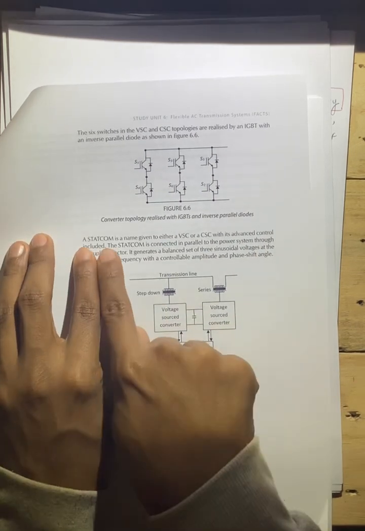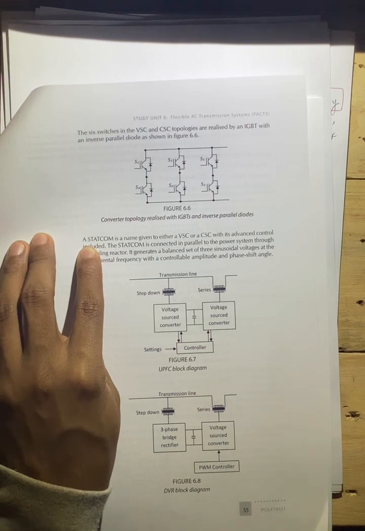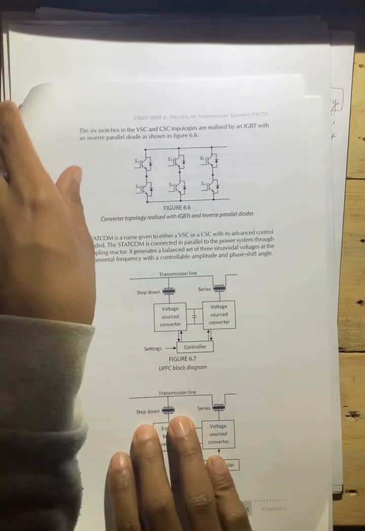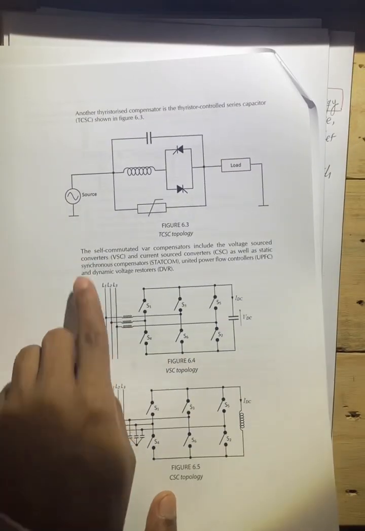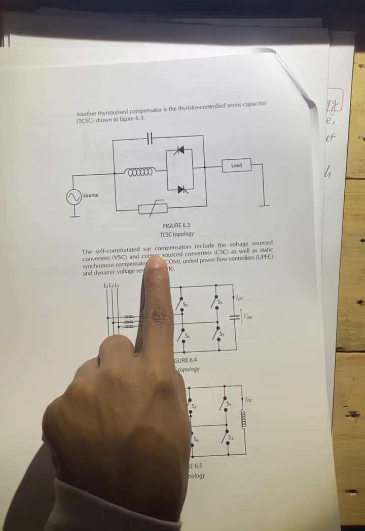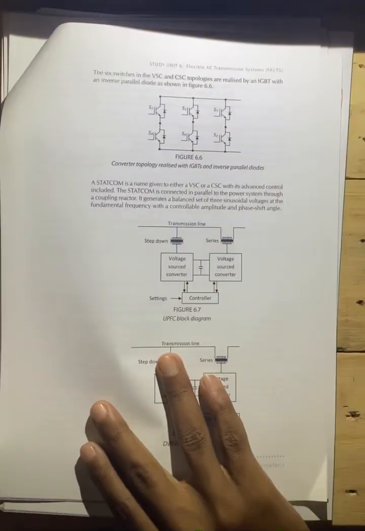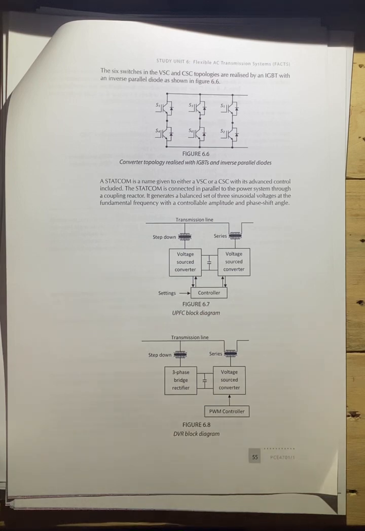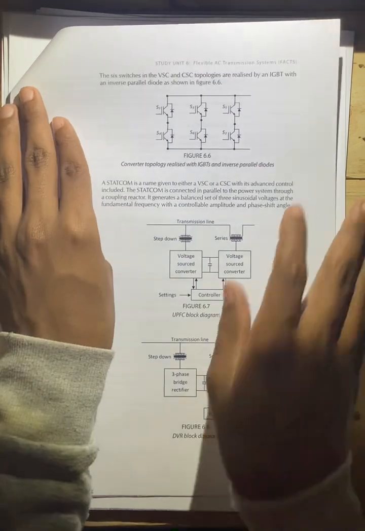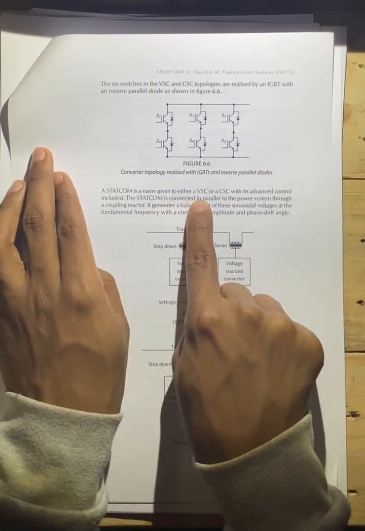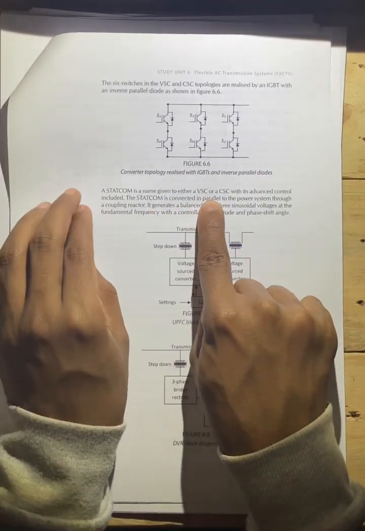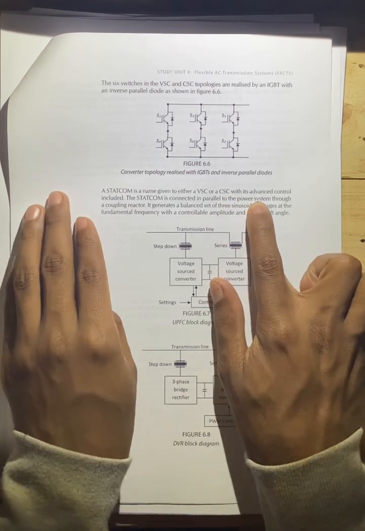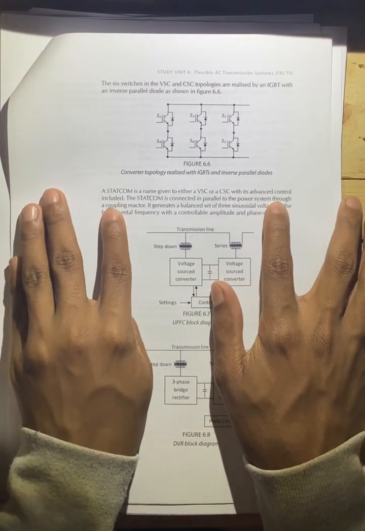A STATCOM. Now, what is a STATCOM? A STATCOM, as we've discussed, is a type of self-commutated VAR compensator. That's it. The same way you have your VSCs and your CSCs, you have your STATCOMs. A STATCOM is a name given to either a VSC or a CSC with its advanced control included.